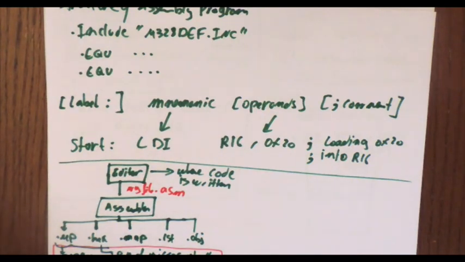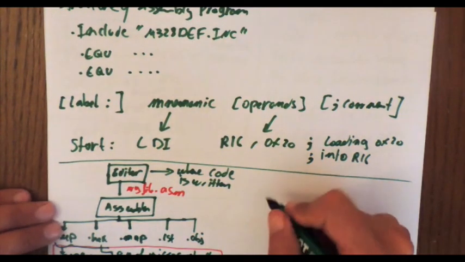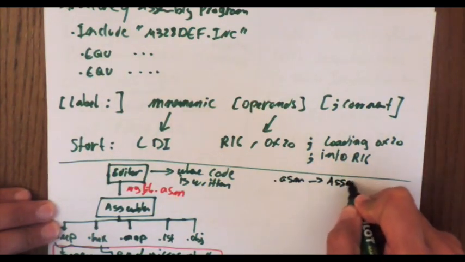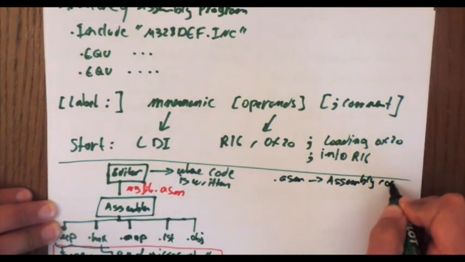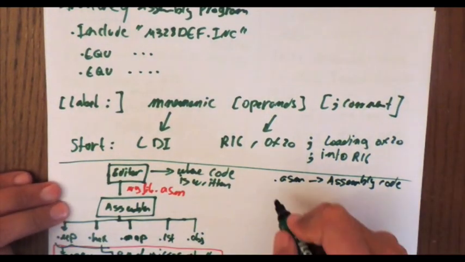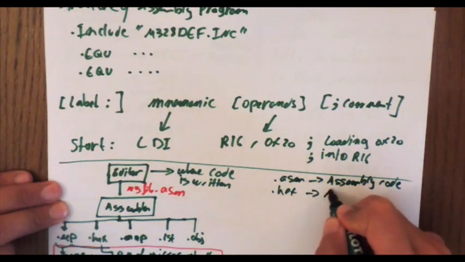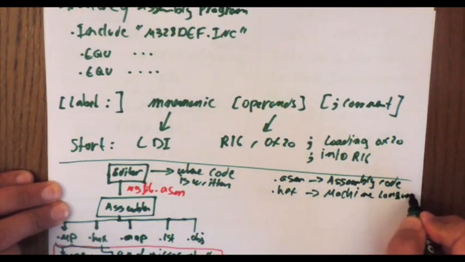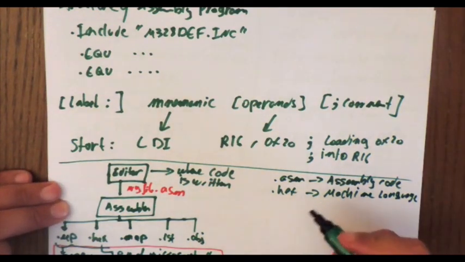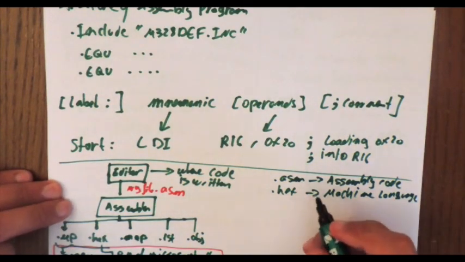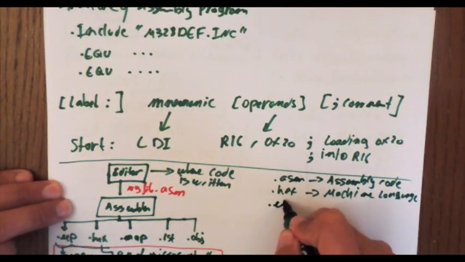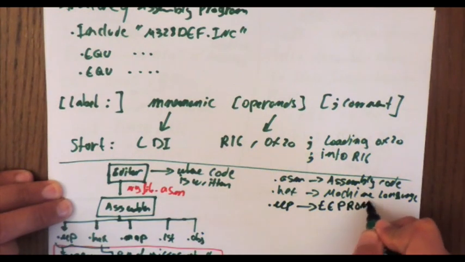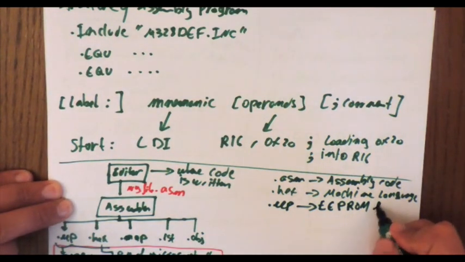Now, what is the .asm file? This is the assembly code, LDI and whatever. Hex is the machine language of my assembly code. We're going to talk more about how to translate from assembly to hex. The .eep is the EEPROM file.